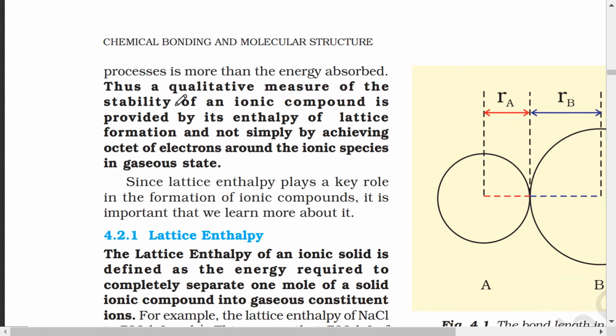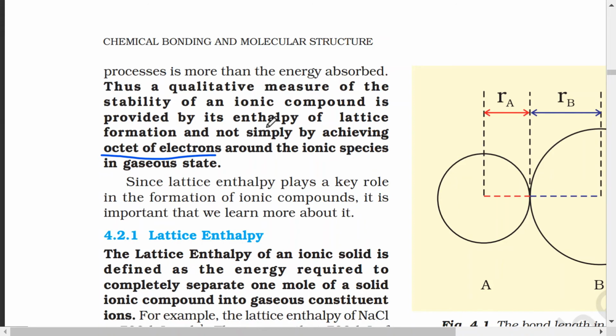Thus, a qualitative measure of the stability of an ionic compound is provided by its enthalpy of lattice formation and not simply by achieving an octet of electrons around the ionic species in the gaseous state. What this means to say is that whenever a compound achieves octet configuration in its outermost shell, it must have some lattice energy so that it can sustain.